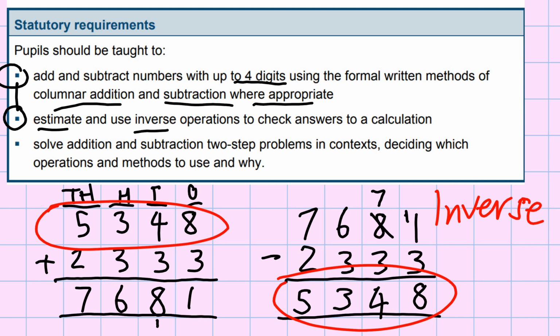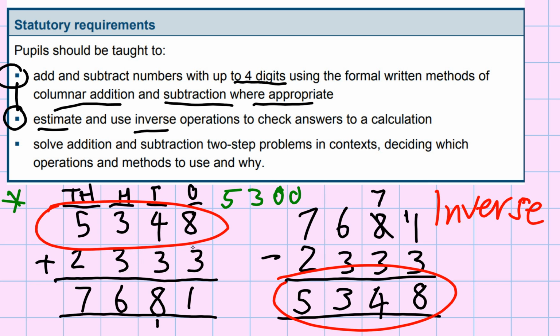Now the step that comes prior to this step would have been rounding these numbers. So 5,348, if we look at this first one here, rounded to the nearest 100 would be 5,300. Okay.